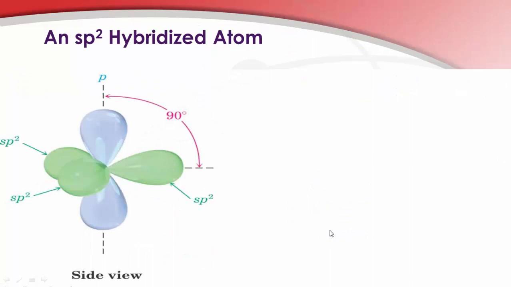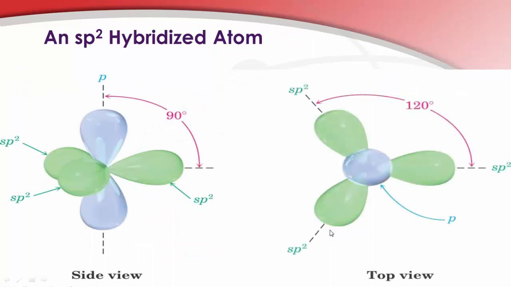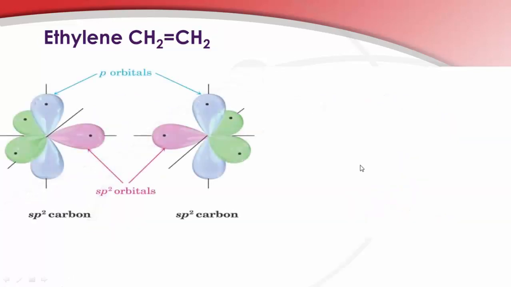Well, we bond three different atoms to the carbon using the hybridized orbitals, and the last one will form in ethylene, or ethene, a double bond, an additional bond.